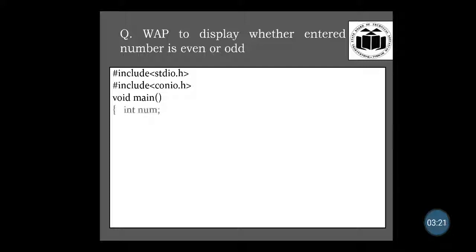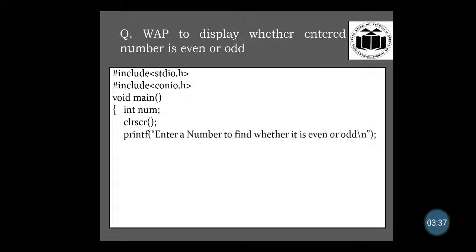Third step is to declare or initialize the variables that are required. We have a number here because we have to find whether the entered number is even or odd. We have to accept data for that number. So the next step is to enter a number to find whether it is even or odd. We store that number using scanf in a variable num.